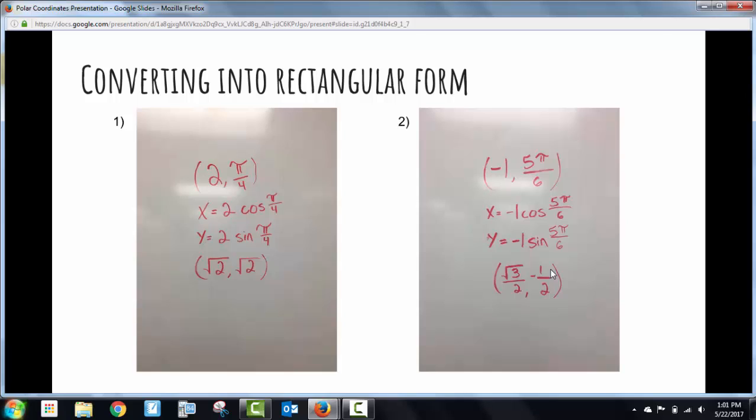So x equals 2 cosine pi over 4, and y equals 2 sine pi over 4. You take the cosine of pi over 4 times 2 to get your x coordinate, and sine of pi over 4 times 2 to get your y coordinate. And so you would get square root of 2, square root of 2 as your point. Then you would do the same thing for the point negative 1, 5 pi over 6.